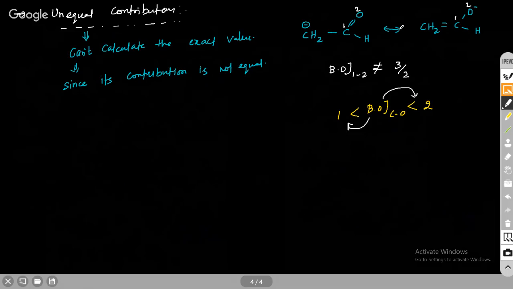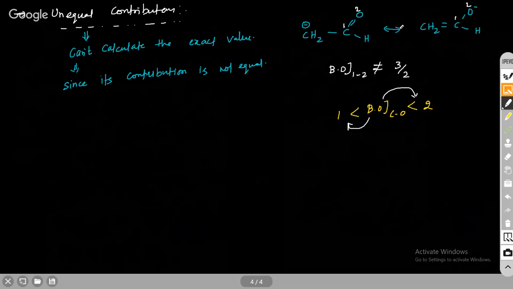Which one is major contributor, which one is minor contributor? Tell me. How do we define which one is major and minor contributor?